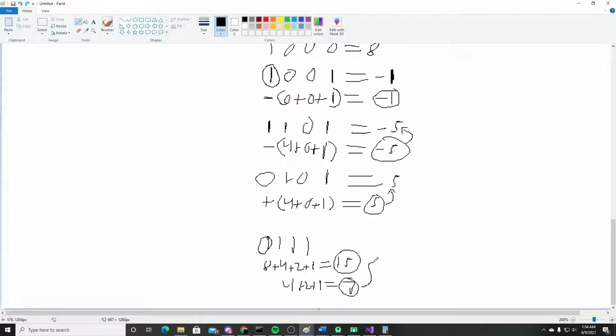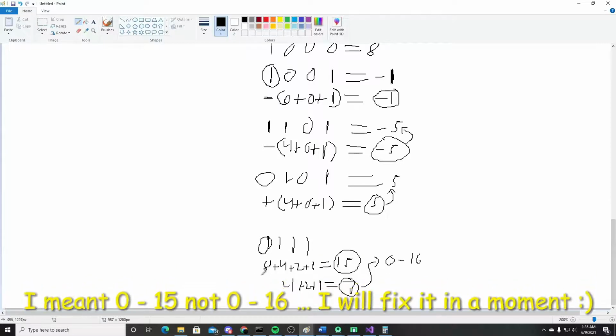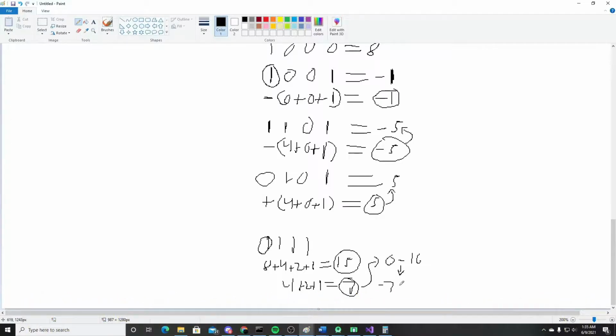So the range of values we can represent now, before we could represent anywhere from 0 to 16 when we didn't have that sign bit. But with the sign bit now, the range we can represent changes from negative 7 to positive 7, which is still 16 values in total.